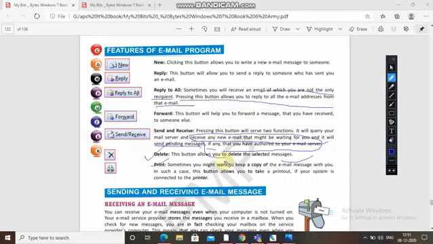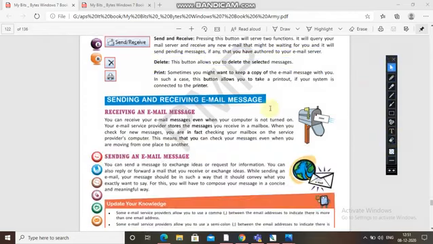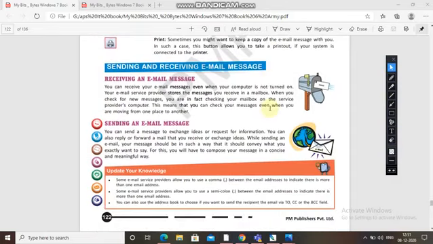Now sending and receiving email messages. Receiving an email message. You can receive your email message even when your computer is not turned on.